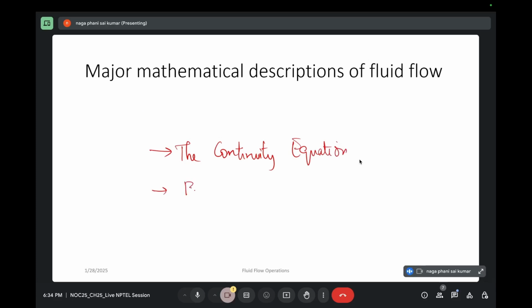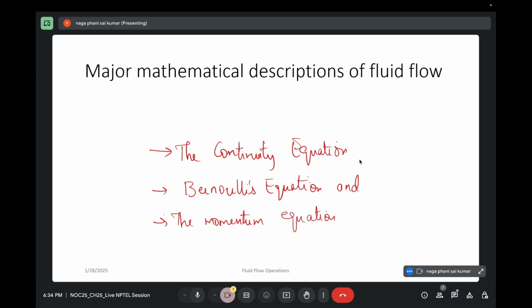It is Bernoulli's equation, proposed by Daniel Bernoulli, and the momentum equation. So you'll be using all these three equations throughout the fluid flow operations.